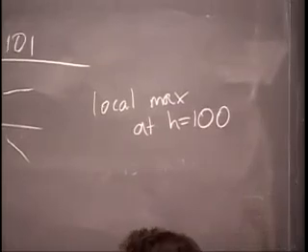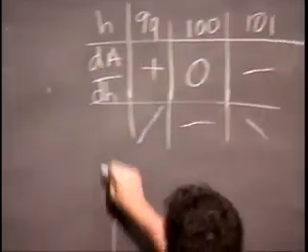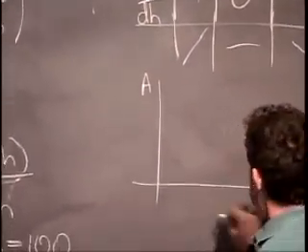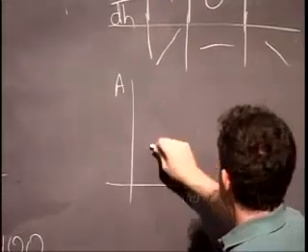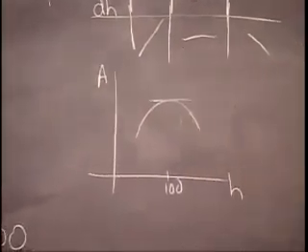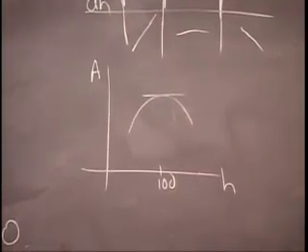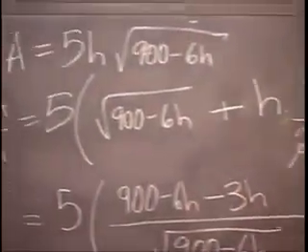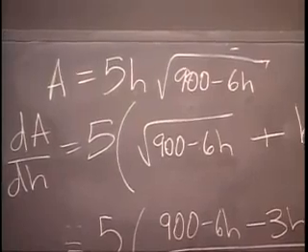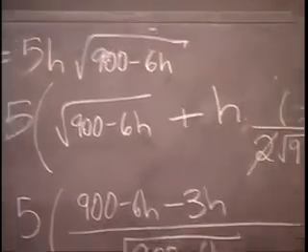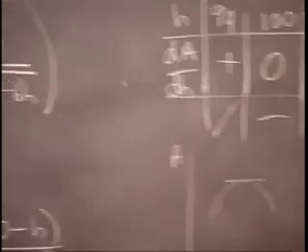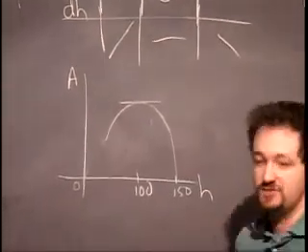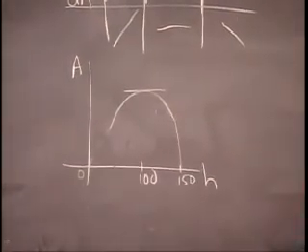So if this is the graph of the area versus h, all I know is that at 100, you have the one and only maximum. Now, you could check the endpoints if you want. Go back to the original formula here. We know the endpoints are h equals 0 and h equals 150. And that would allow us to tie this down to 0 and 0 here. But it's not even necessary, once we're only trying to maximize in this problem.